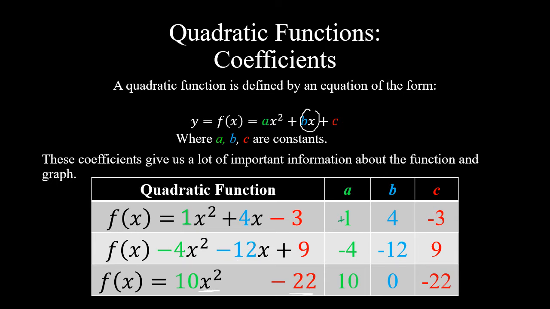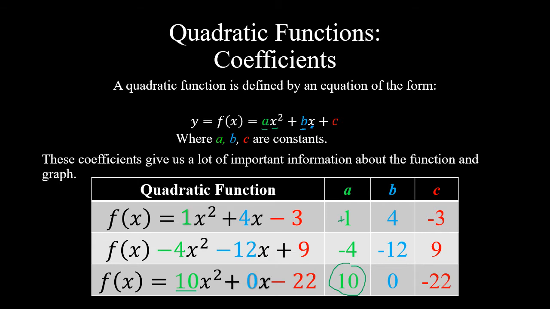So there is going to be no b here. So when we go to identify our coefficients, well, our a, again, we know our a always comes in front of our x squared term. So here our a is 10. Okay, but we go to look for our b, and you guys, there is no, we know our b comes before our x to the first term there, and we have no just plain x term.